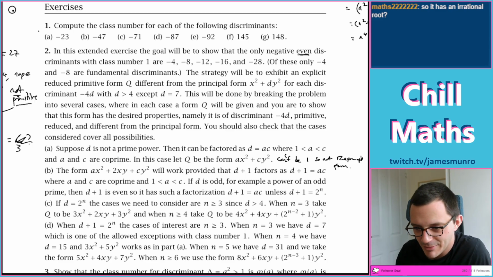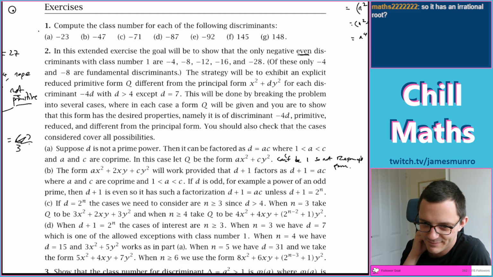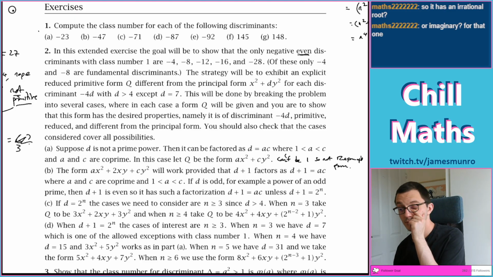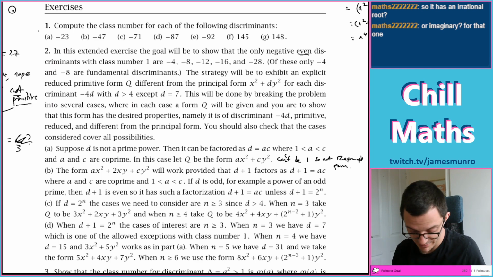Yes. We want to think about the roots. Now, key thing here. Not a prime power means that you can factorize it like this with different bits of primes with no overlap. Okay, interesting. Yeah, so these ones we're dealing with negative discriminant, so we're not going to get any separator line.